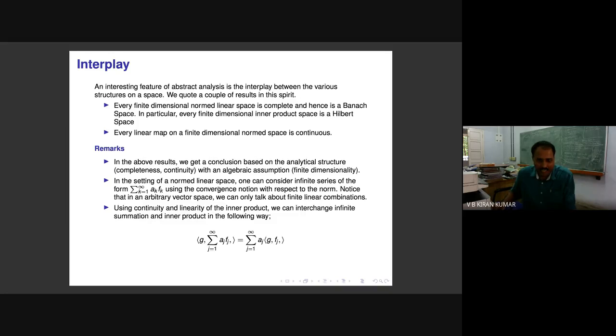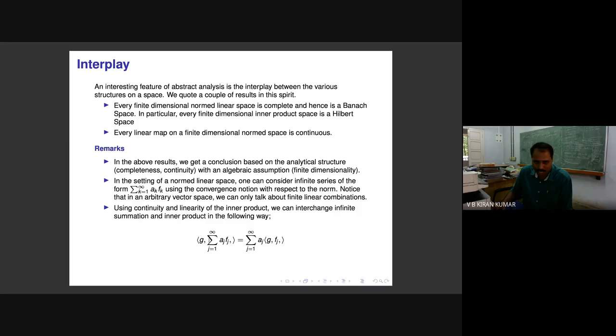In the setting of a normed linear space, this is another thing, which I already mentioned. One can consider infinite series of this form, because you already have a linear structure, so you can talk about finite sums, and you have a metric, therefore you can talk about convergence. Therefore, you can consider infinite linear combinations, and so on. But this is not possible in an arbitrary vector space. Another thing I already mentioned: using continuity and linearity of the inner product, we can interchange the infinite summation and the inner product.